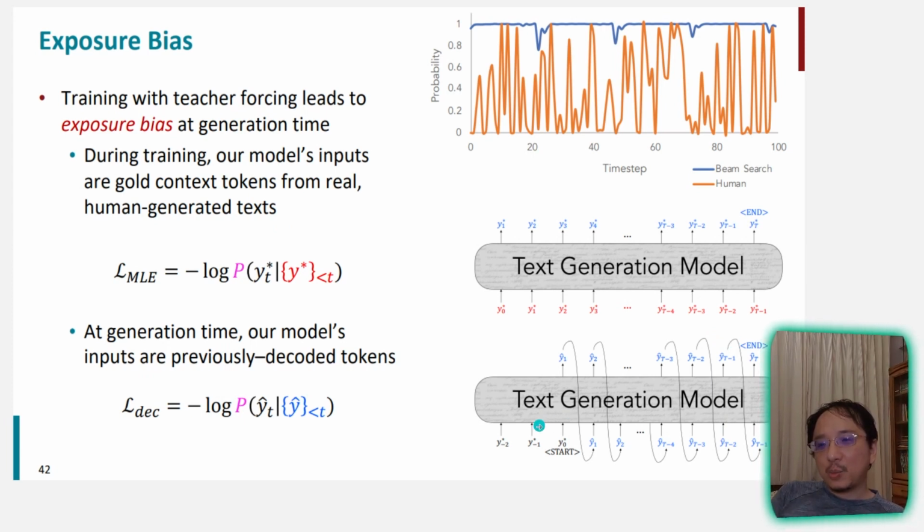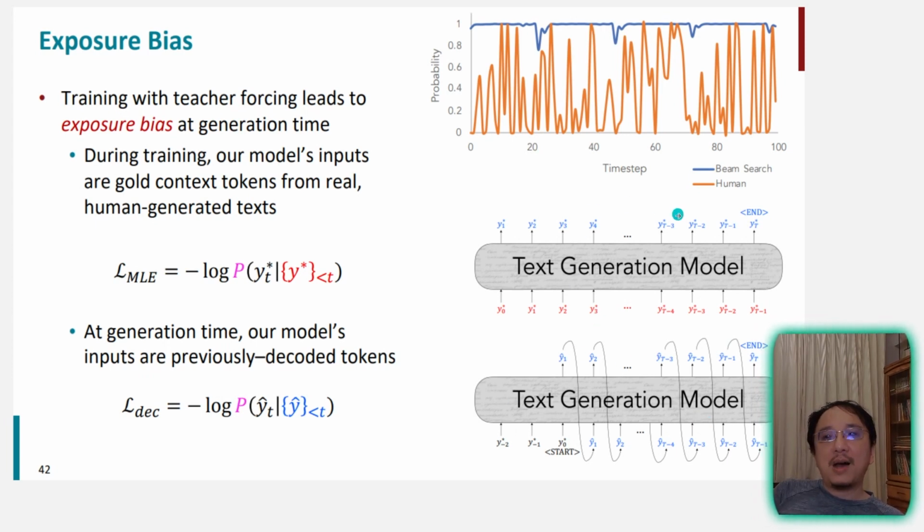The reason that we use this different way in training and in inference is because we cannot feed the output as the next input when we train a model, like what we do in inference.